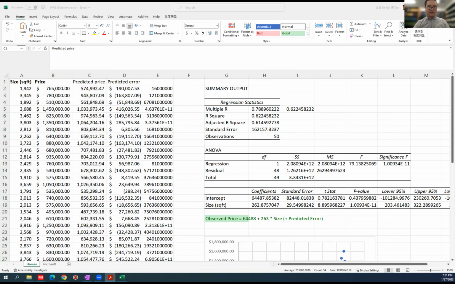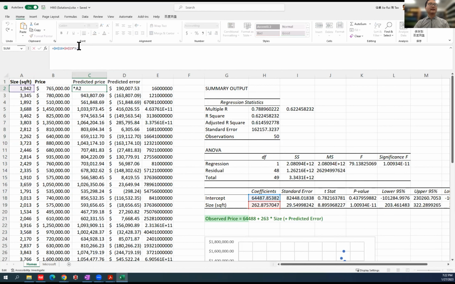In part E, we need to predict the price for some new houses, right? So let's do that. This predicted price is nothing but a linear combination of the size or square footage. That's exactly what the model does, predicting the price based on square footage alone.